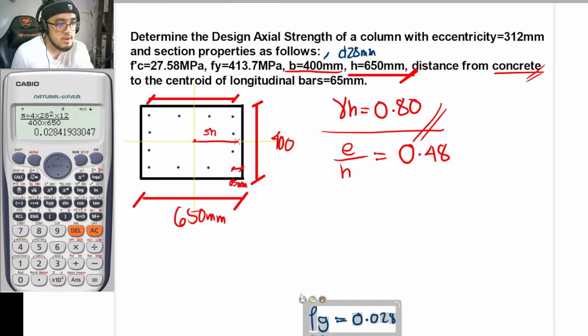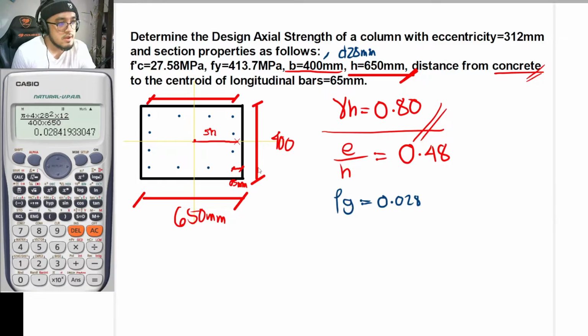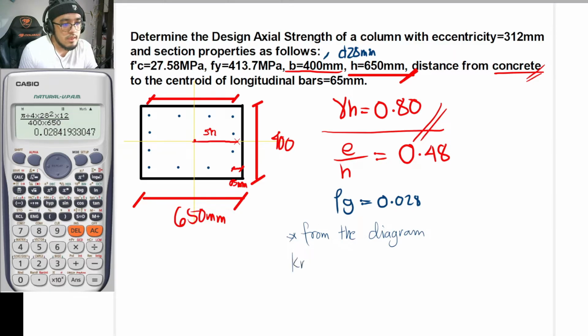So lagay din natin ito dito sa taas. Then, okay, from the diagram, Kn is to be equal to Pn divided by F prime C times Ag.